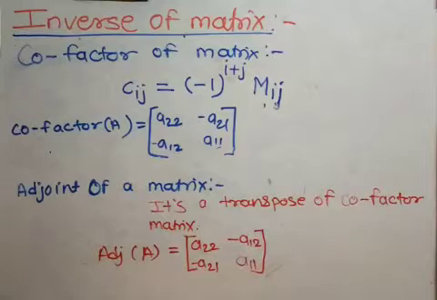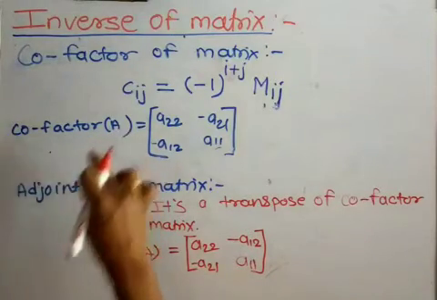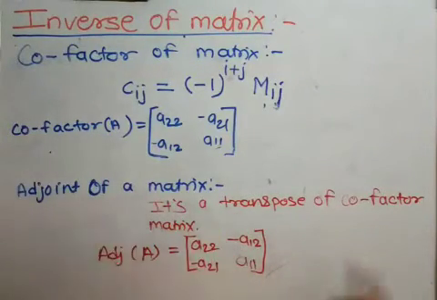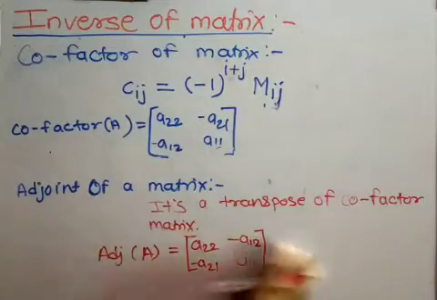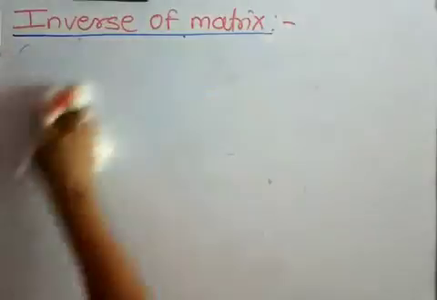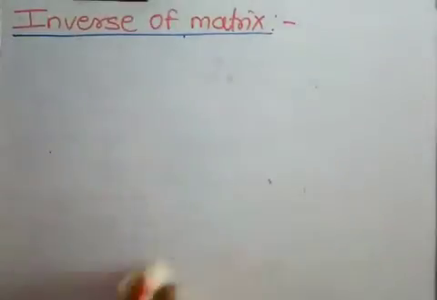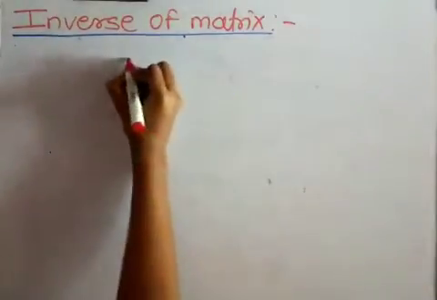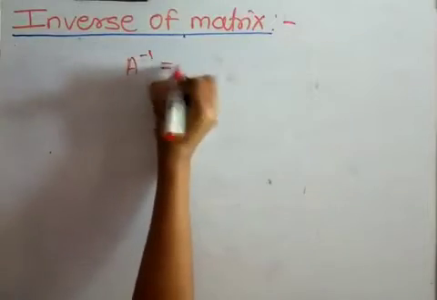Okay, first we saw how to find the minor of a matrix. Next we find the cofactor of the matrix. After that we find the adjoint of the matrix. So first, what is the inverse of a matrix? There is one formula for the inverse of a matrix.